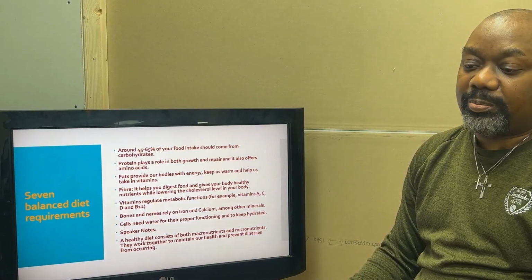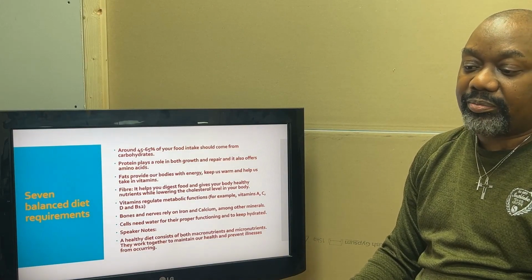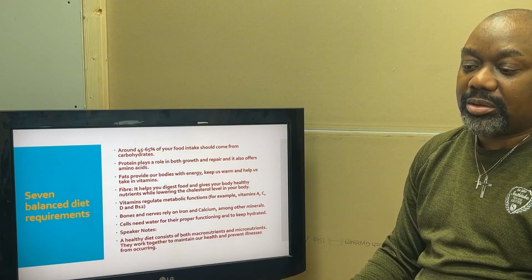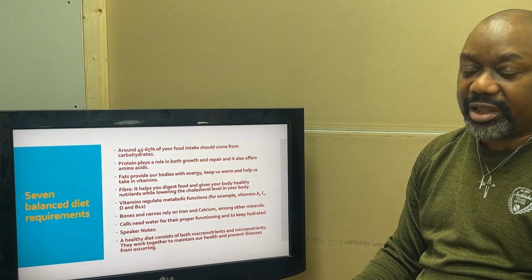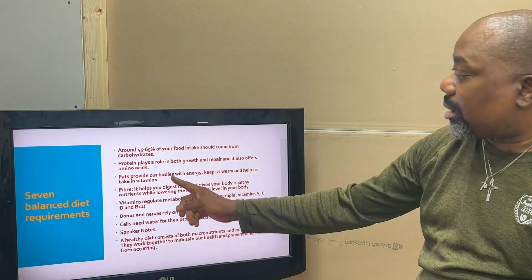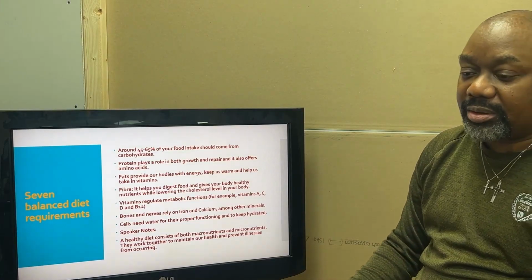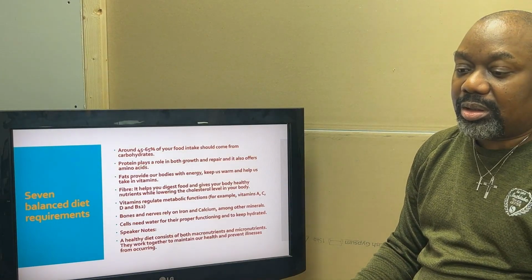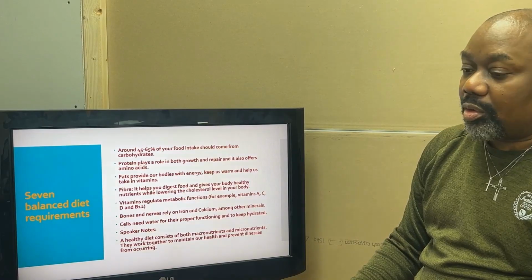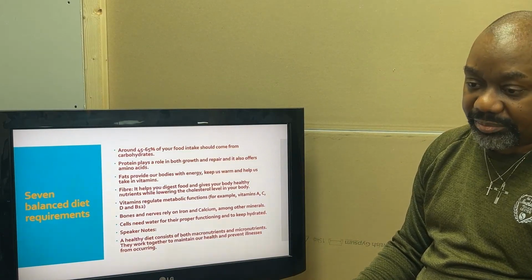Proteins play a role in both growth and repair, and they also offer amino acids. Fat provides our body with energy, keeps our body warm, and helps us to take in vitamins.